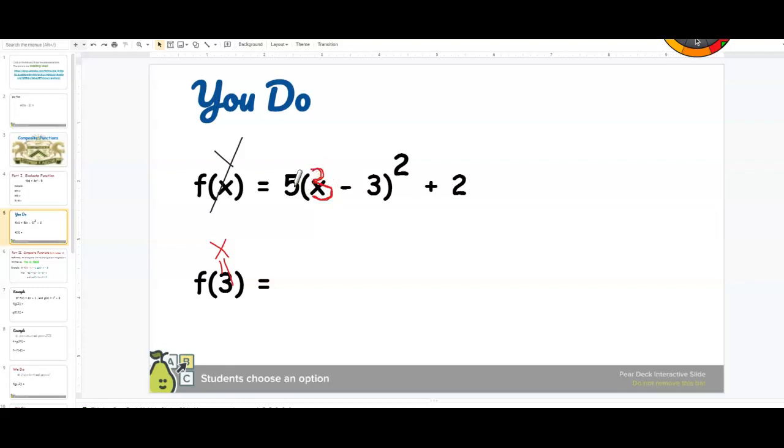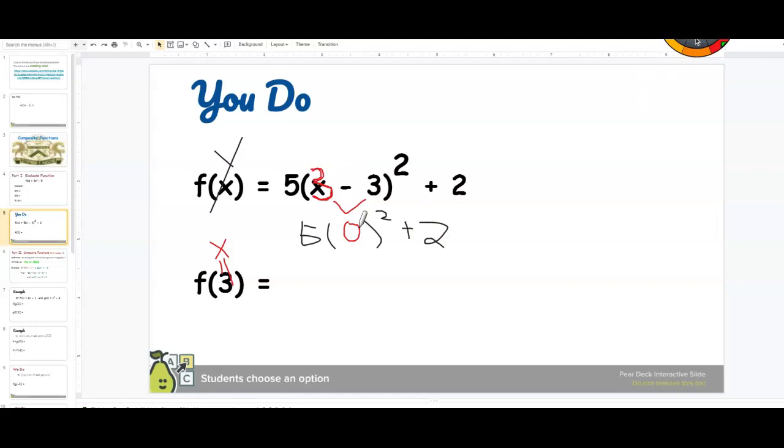So the equation becomes 5 parentheses 3 minus 3 squared plus 2. And we're going to do the calculation. We're going to deal with the inside of the parentheses first. 3 minus 3 gives you 0. So the question becomes 5 times parentheses 0 squared plus 2 equals what?